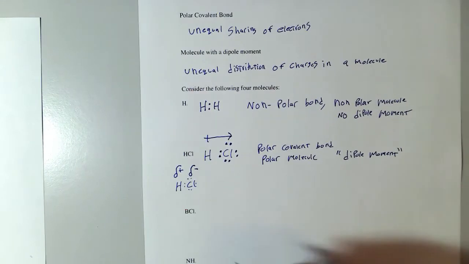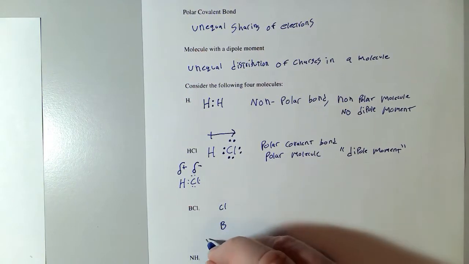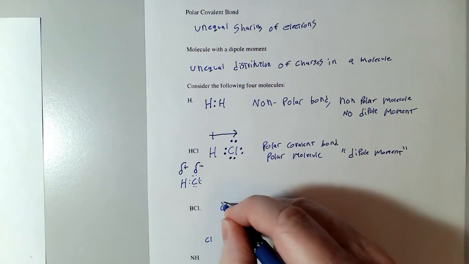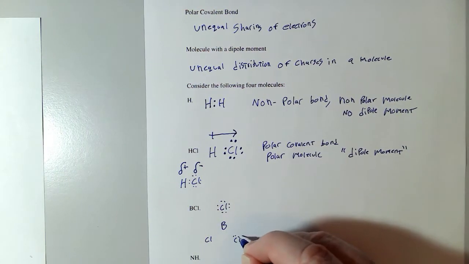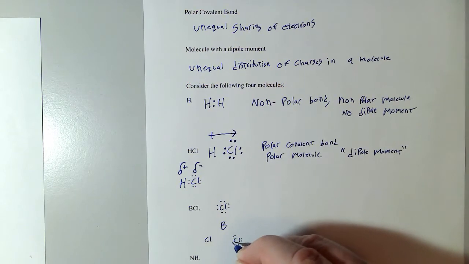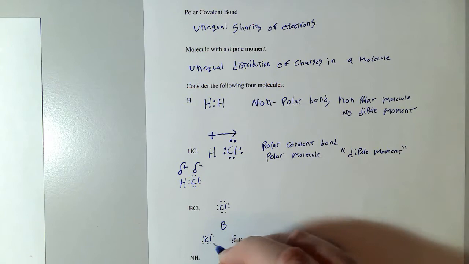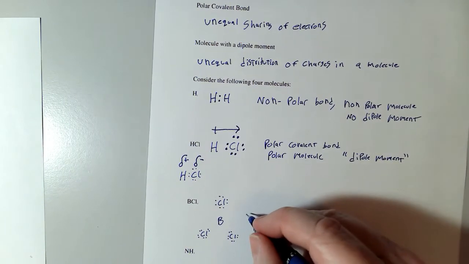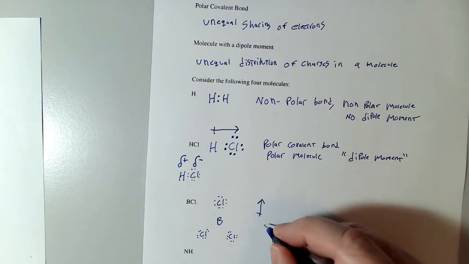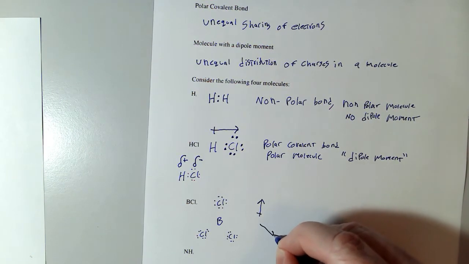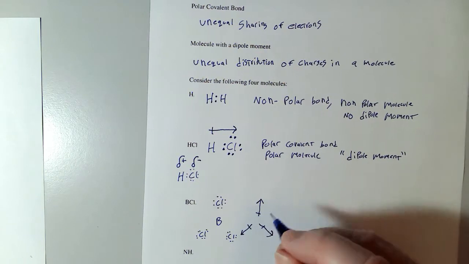Now, boron trichloride. These chlorines are pretty electronegative compared to the boron, so the electron density is going to be close to them. The electron density is basically pulled up that way, over that way, and over that way.